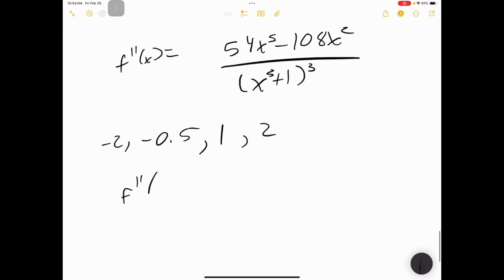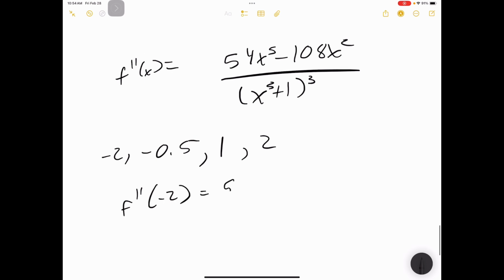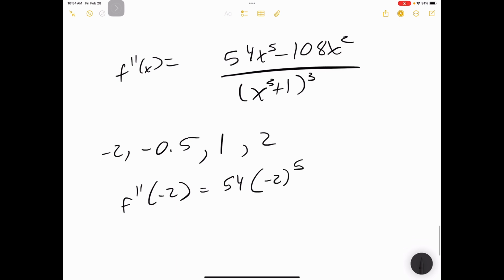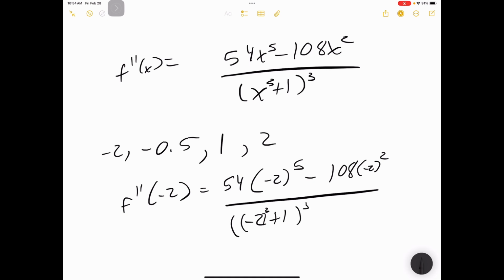Okay, so let's look at this. f double prime of negative 2 is going to be 54 times negative 2 to the 5th, which is going to be a pretty big number, minus 108 times negative 2 squared, over negative 2 cubed plus 1, cubed. And once again, I'm not going to work this out.